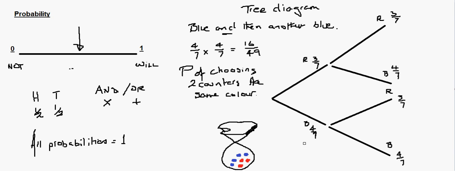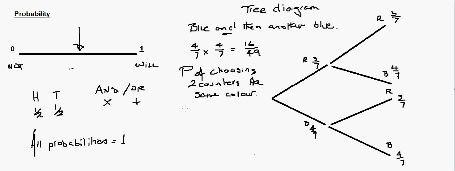So if we have two colours the same, that would be a blue and a blue, or a red and a red.